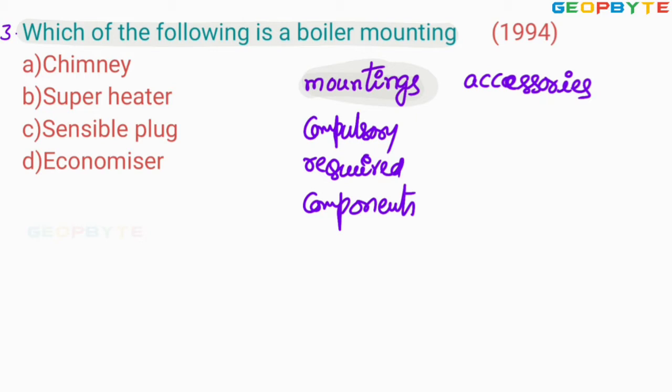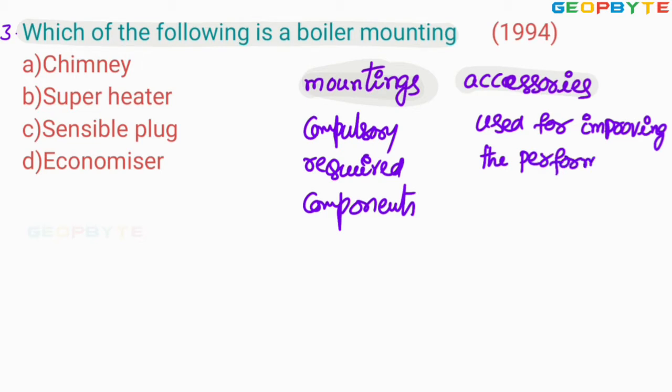Whereas boiler accessories are not compulsory equipment; these are used for improving the performance of the boiler. Accessories are used for increasing the performance of the boiler, whereas mountings are compulsory equipment.